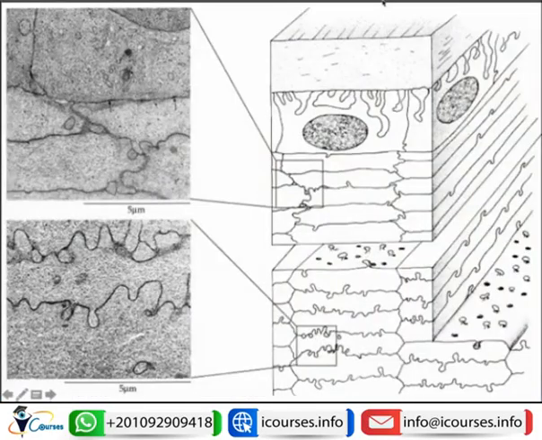As you can see here, this is the junction between the lens fibers together. This can be in the form of tongue and groove, or ball and socket. So ball and socket and tongue and groove are the specific cell junctions for the lens.